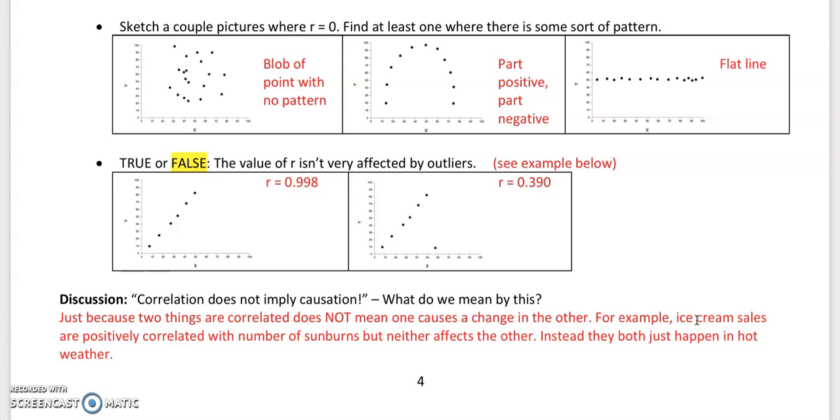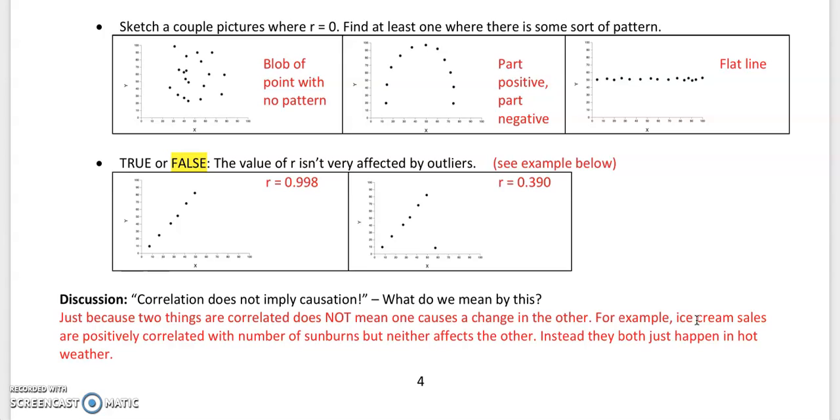And so there is a relationship between them. They both tend to be high at the same time of the year. They both tend to be low at the same time of the year. But it doesn't mean that either one is affecting the other. All right. So when we say correlation does not imply causation, we're talking about things like this. That doesn't mean that something can't have some effect. So for example, height and weight.